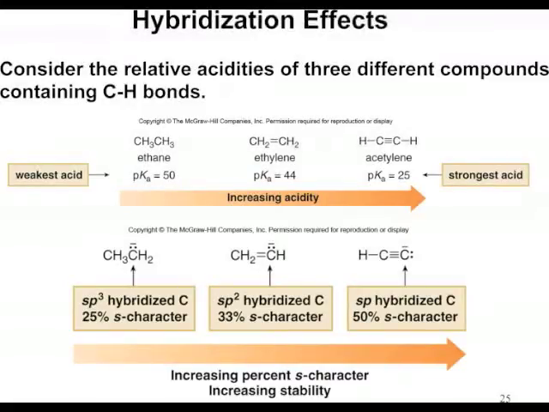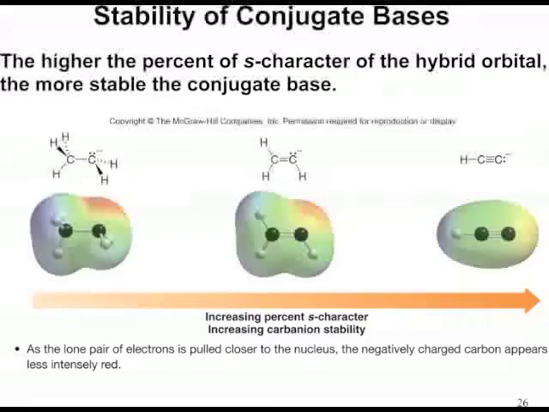Ethane is sp3 hybridized, only 25% S character. Ethylene is sp2 hybridized, 33% S character, and acetylene is sp hybridized, so we have 50% S character, and as we see, S character is a quite determining factor.